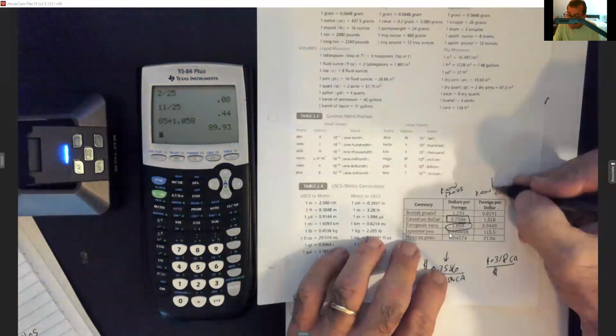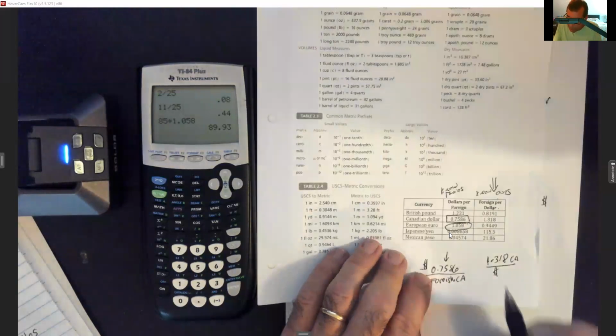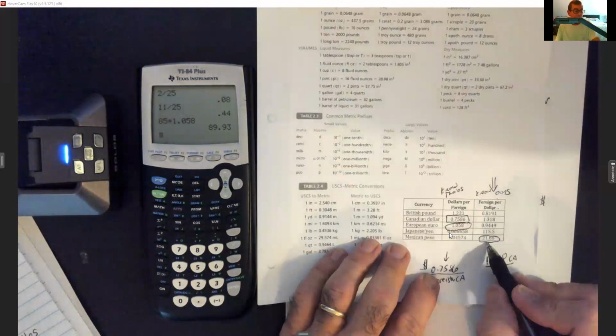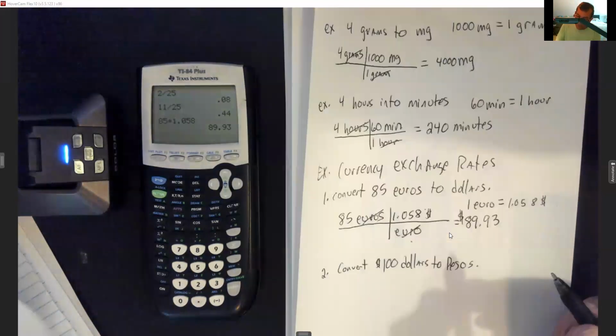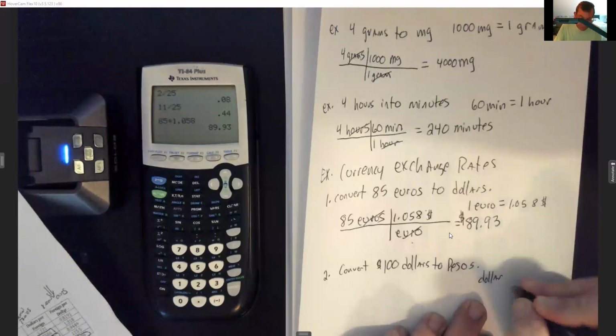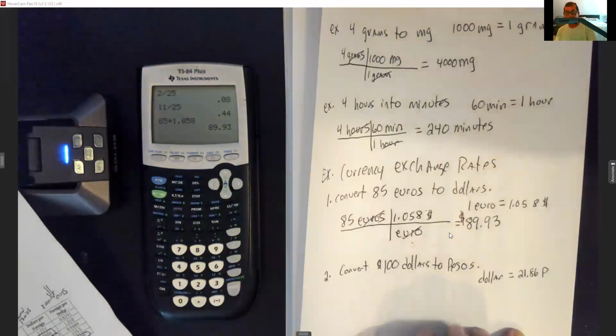We're going to go from foreign per our dollar. Okay. So for the peso, our exchange rate is down here at 21.86. So watch this. So dollars equals 21.86 pesos, right?